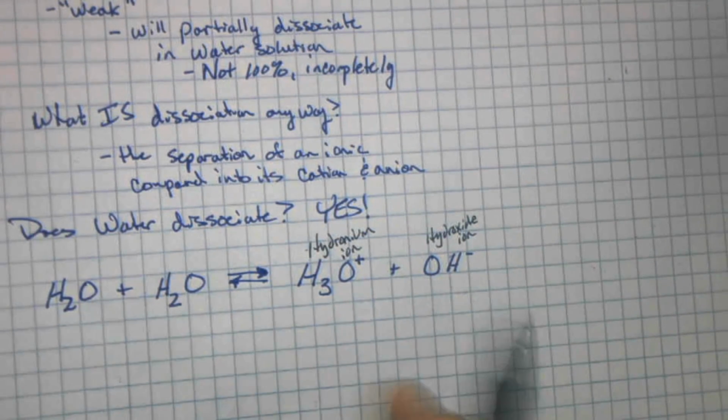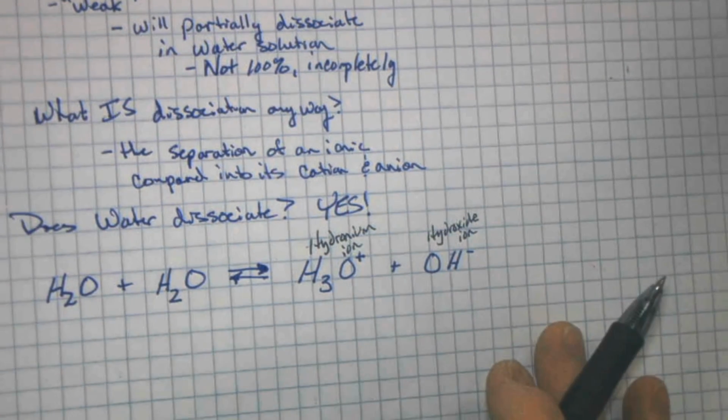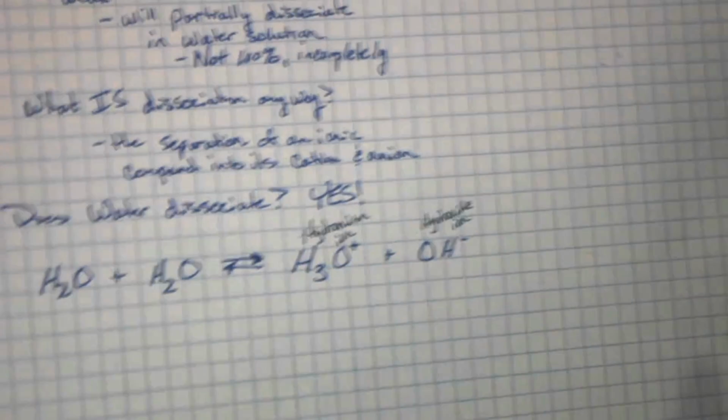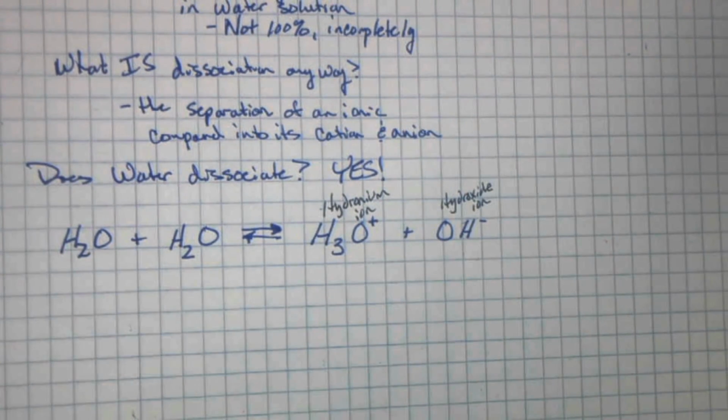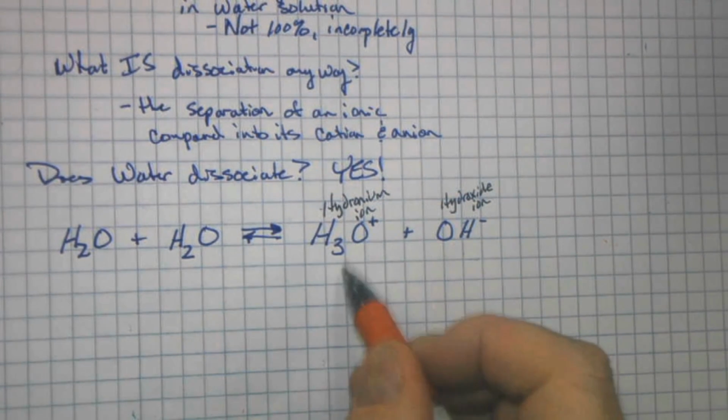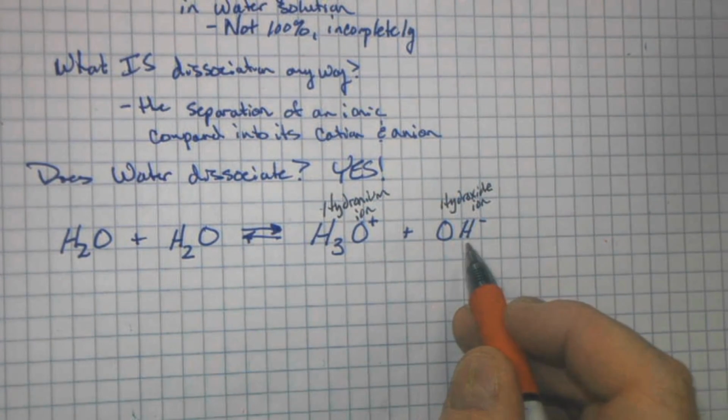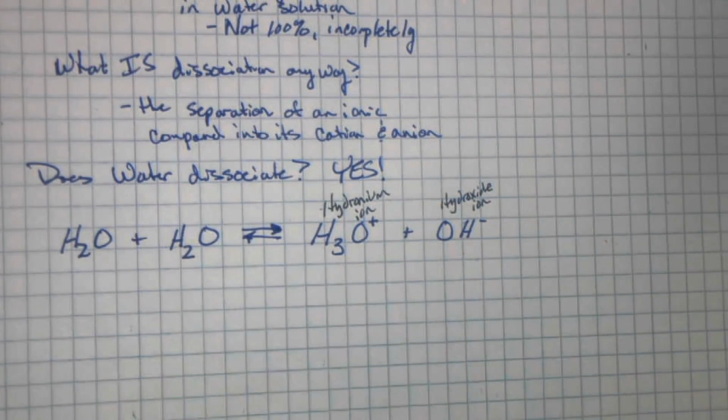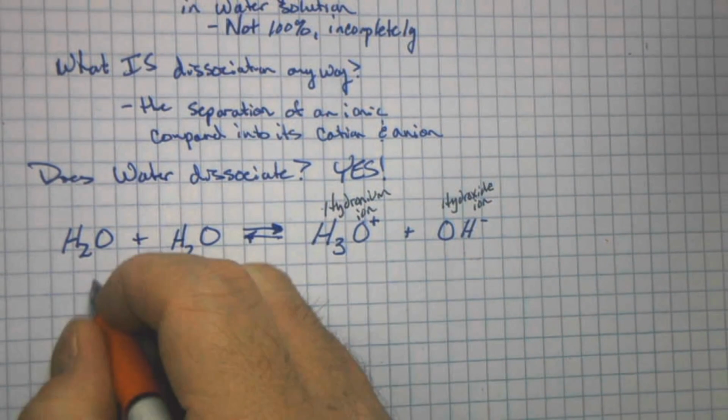Now, if we were to add to our water a substance that would make more of the hydronium ion than the hydroxide ion, then you have an acid, and that substance that you put into the water is considered an acid.